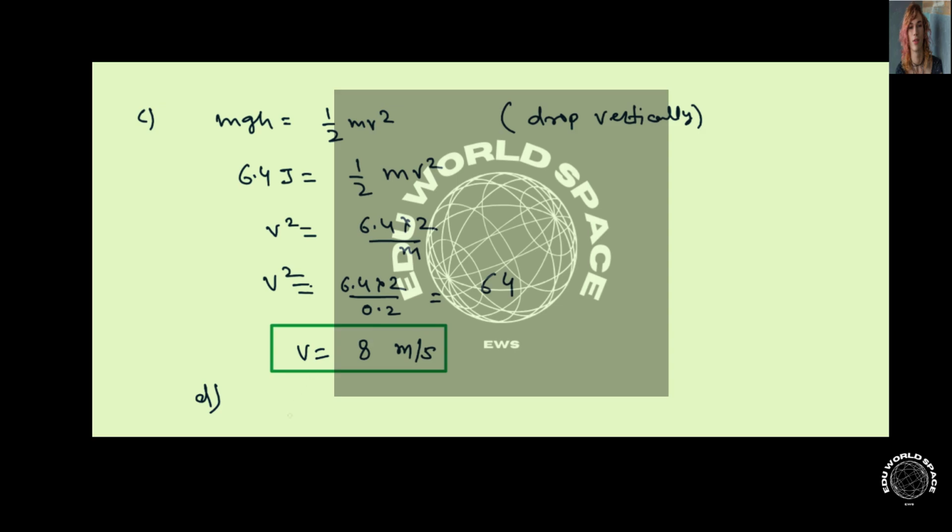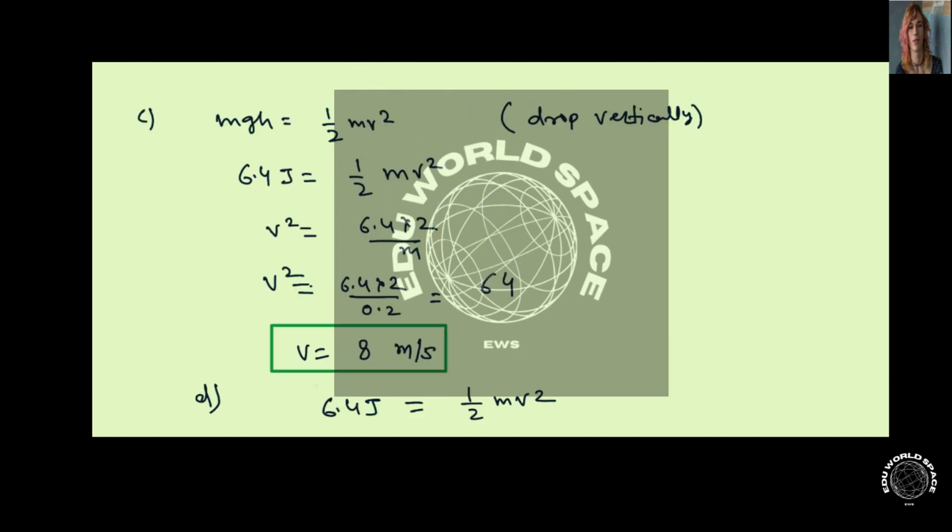When we use the incline, the total work done, that is mg sin theta multiplied by the displacement 10, is also 6.4 joule. That equals the kinetic energy, 1 by 2 mv squared. Now when we solve, we again get the same value, that is v equals 8 meter per second.